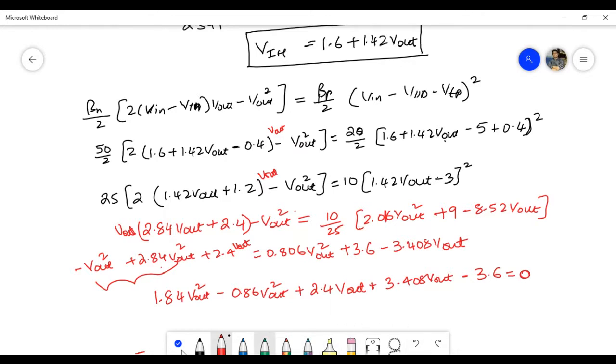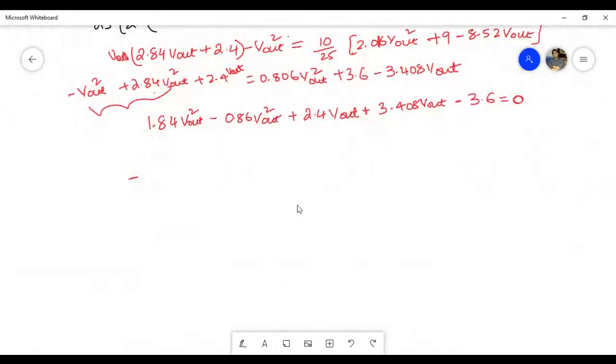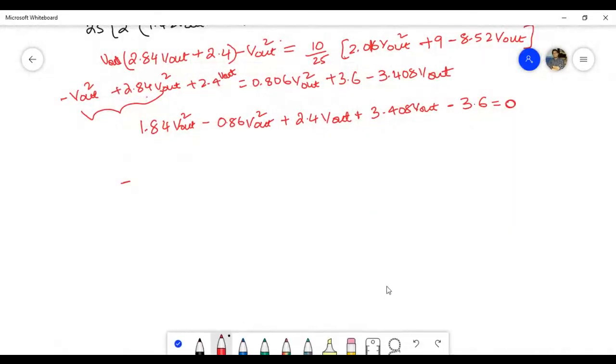Next, 1.84 minus 0.86 will be how much? 0.98.